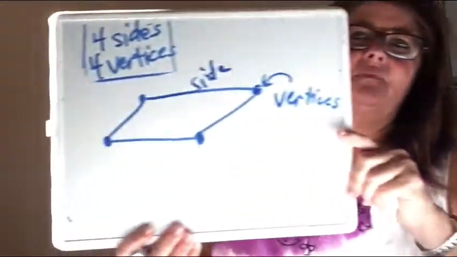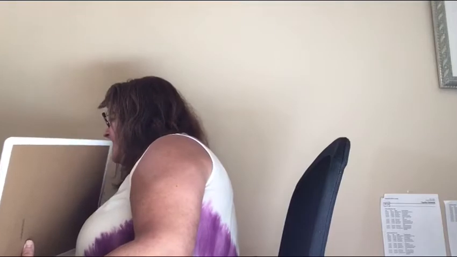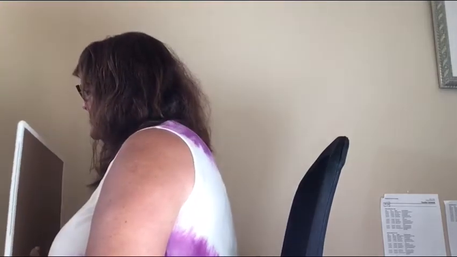This is a side. The corners are called vertices. So you have four sides, 1, 2, 3, 4. You have four vertices, 1, 2, 3, 4.